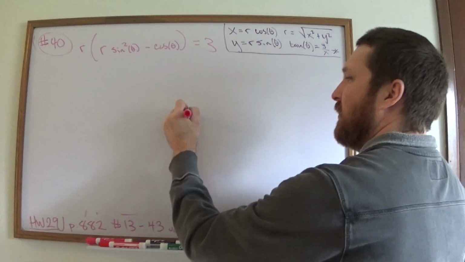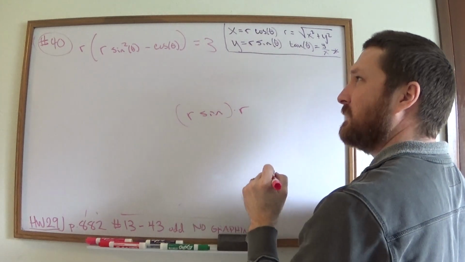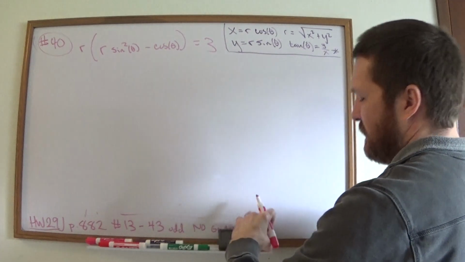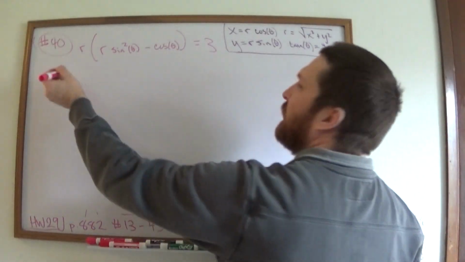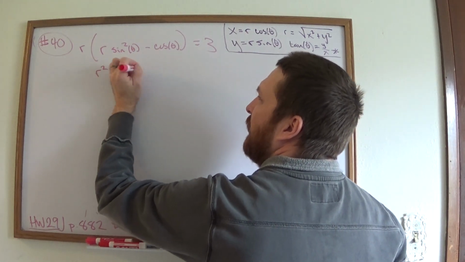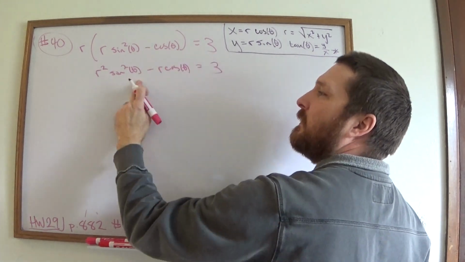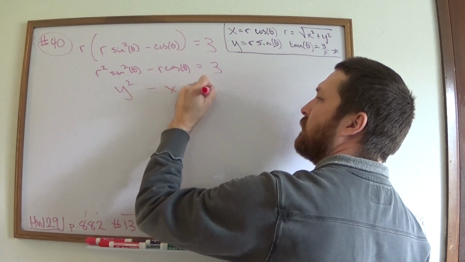This is like r sine theta, which is y, times r sine theta. You can factor in the r, bring it in, and then you have r squared sine squared theta minus r cosine theta, which is y squared minus x. There you go. Y squared minus x equals 3.